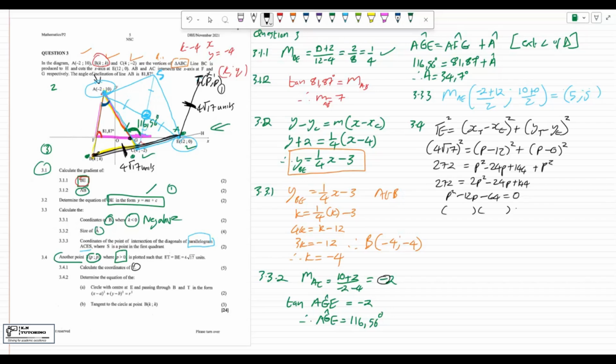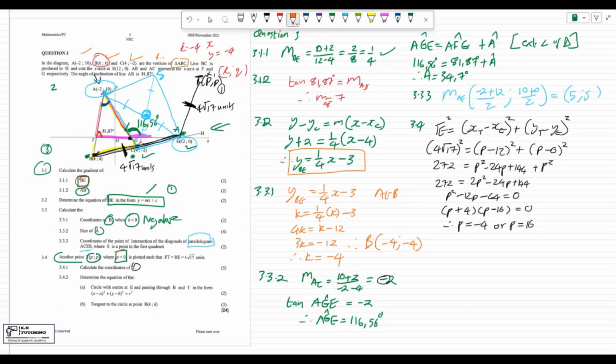Then I factorize this. 8 and 8 is not going to work. Let's try 16 and 4. The bigger number takes the sign of the middle term. Therefore, p equals -4 or p equals 16.